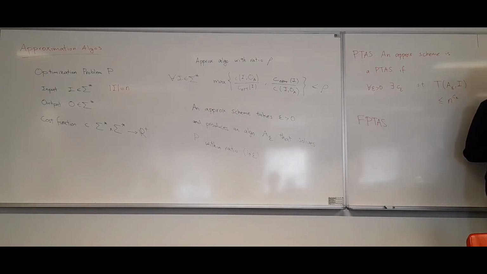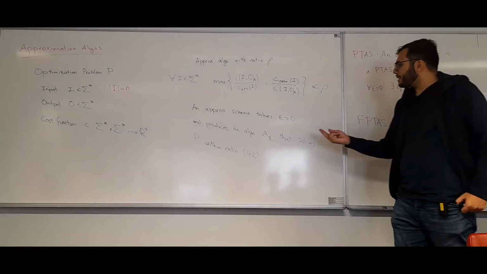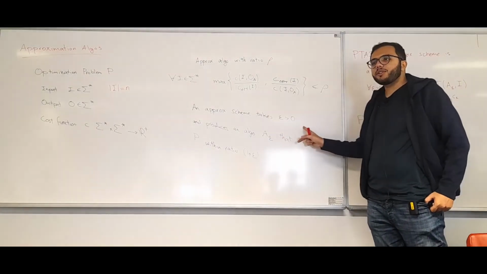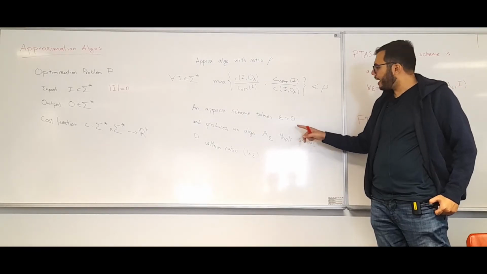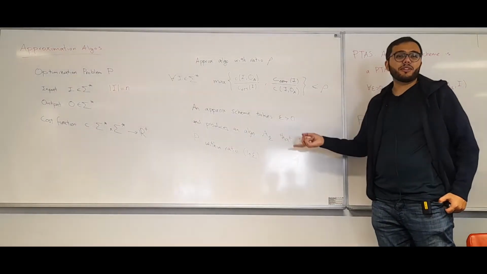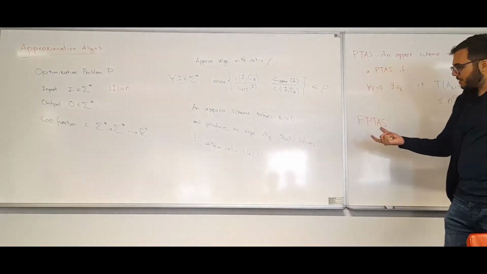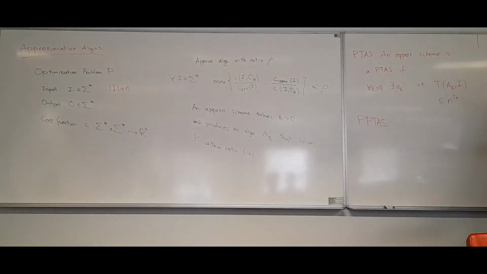Okay, but it doesn't make sense to say it's polynomial based on epsilon, because ideally I want this epsilon to be a very small number between 0 and 1, right? And I want it to actually be really close to 0 ideally. So if I want my epsilon to be small, I can't really say I want something that is polynomial time with respect to epsilon. But if epsilon is positive and it's very close to 0, then 1 over epsilon is going to be a large number.